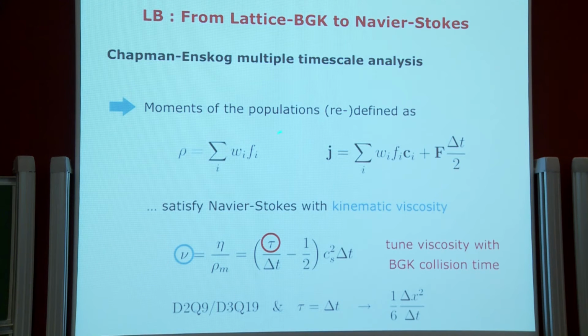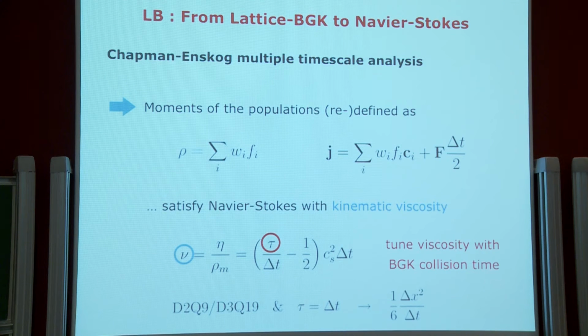And you can show that the moments should be slightly redefined: the density doesn't change, but the momentum on a given lattice site needs to be slightly corrected. So it's not just the combination of the populations with the velocity and the weights. You also have to correct for a small acceleration on that particular node. And you can guess here that you have the force times delta t over 2, like you would have by discretizing Newton's law of motion in molecular dynamics.